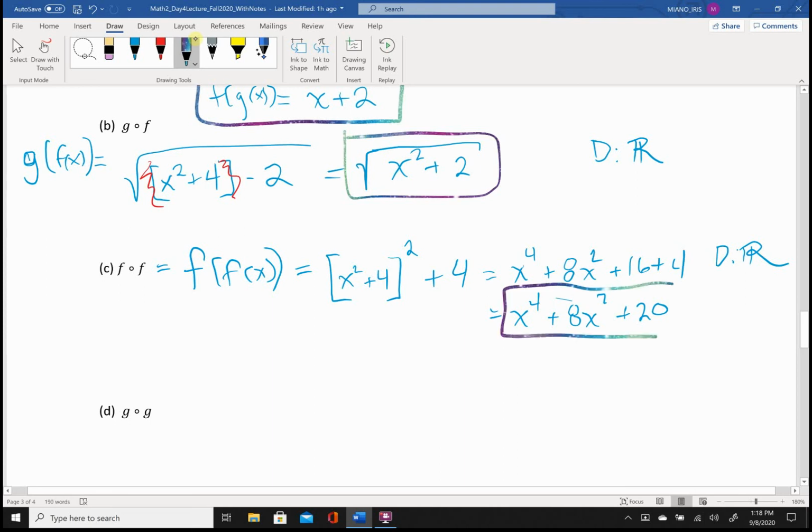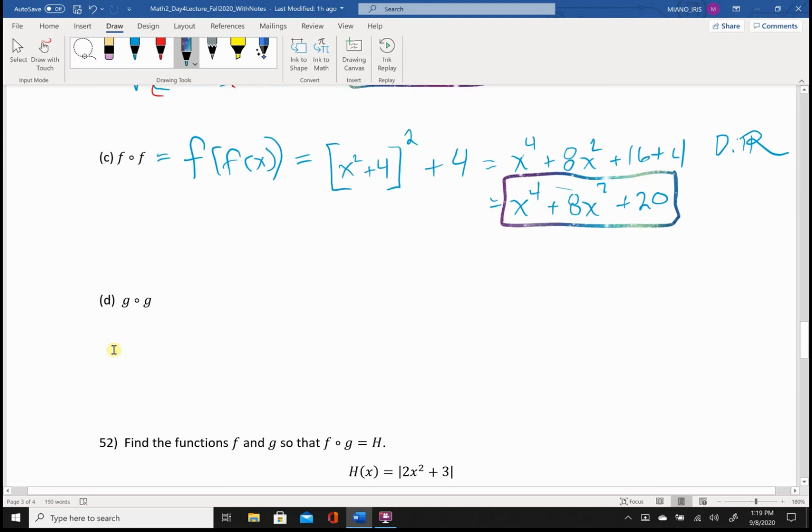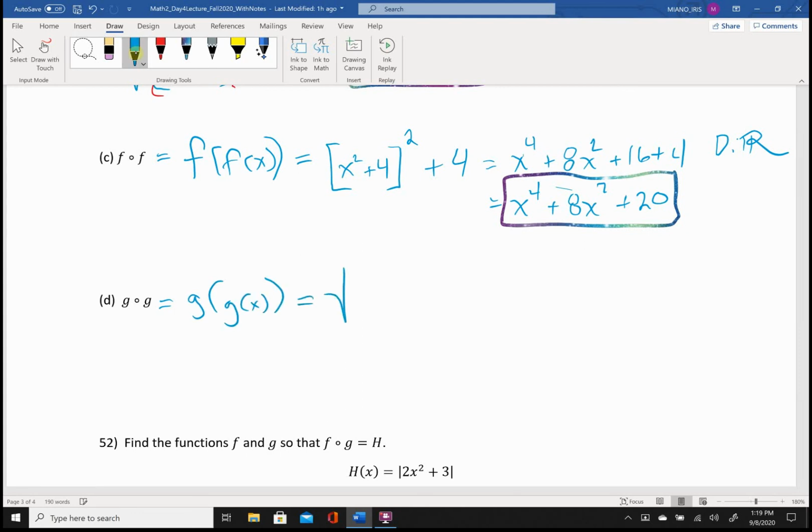Now let's g it and then g it again. G of x for this last function composition example. G of x. Fun. So we're going to square root something and then subtract 2 from that, right? Because this is the structure of g of x.